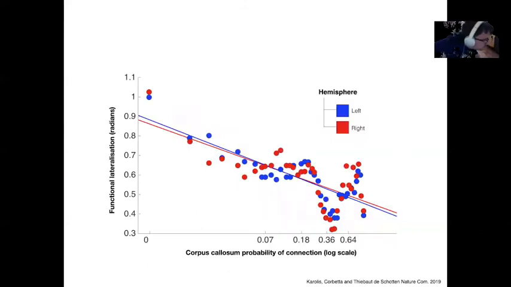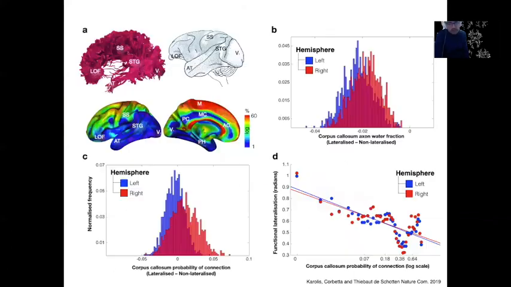And we've been glad to demonstrate that areas with strong functional lateralization have the tendency to demonstrate a smaller number of streamlines when compared to areas with a small level of functional lateralization.